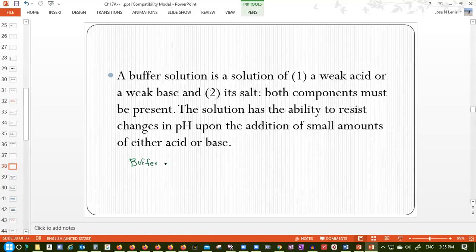is a solution. That's your first count. It's a solution, which means it's a mixture, a homogeneous mixture. Remember, solutions are homogeneous mixtures. And that solution is made of two parts.